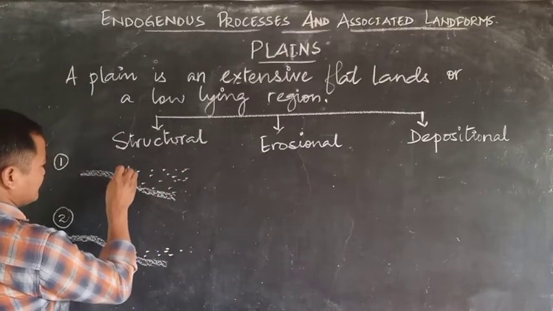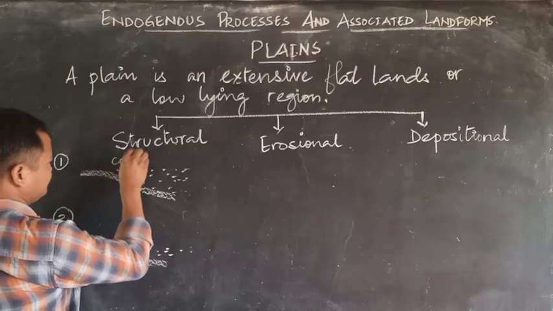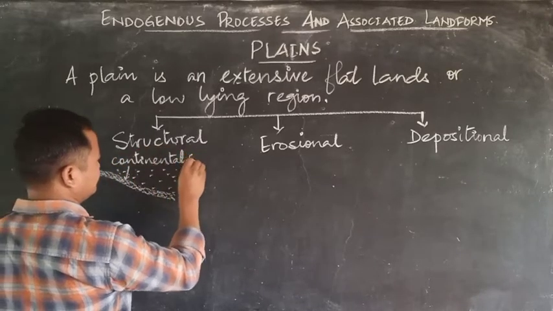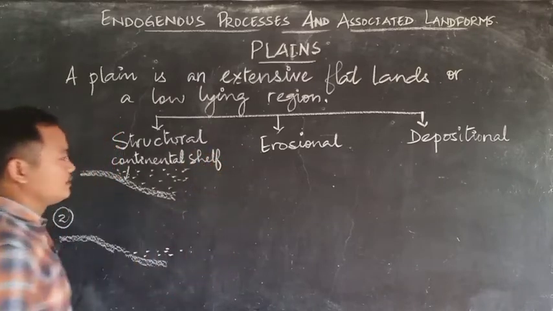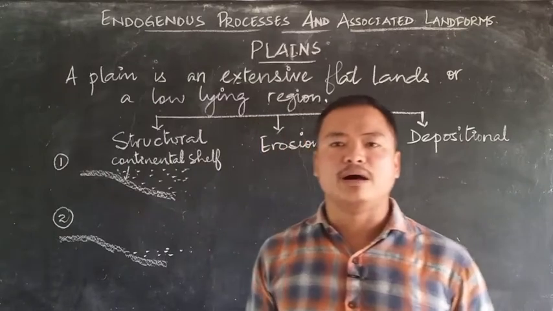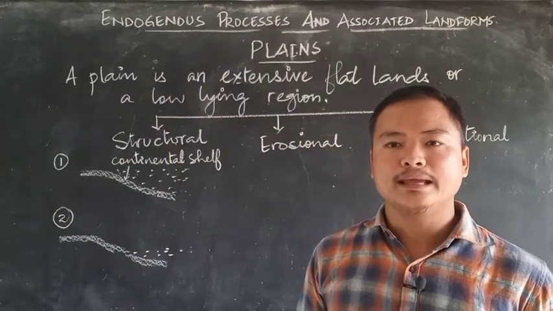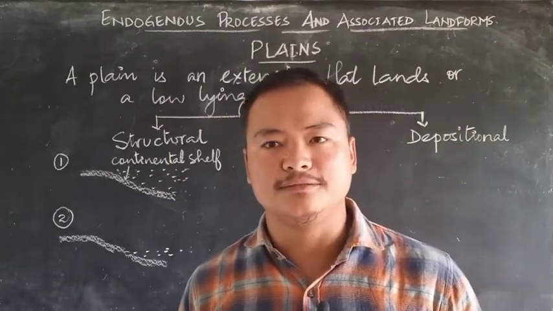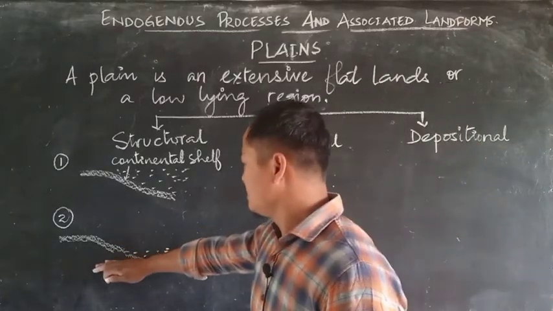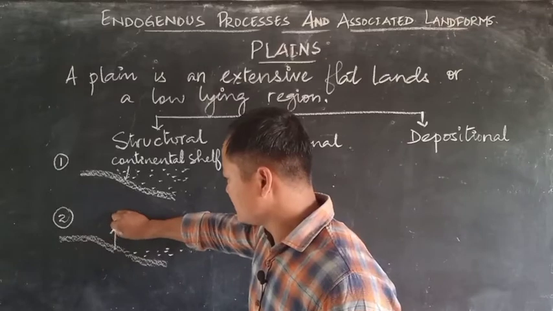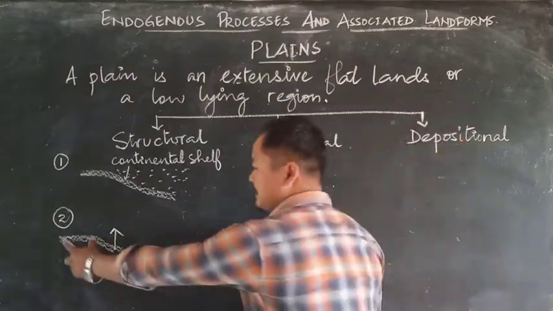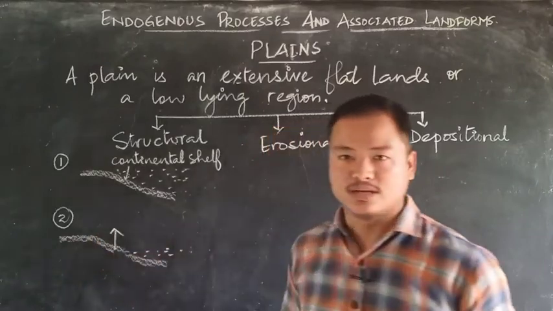This part of the land also forms part of the coastal region. This continental shelf, due to some tectonic movements, gets uplifted and comes out of the water, forming the extended part of the coastal areas.